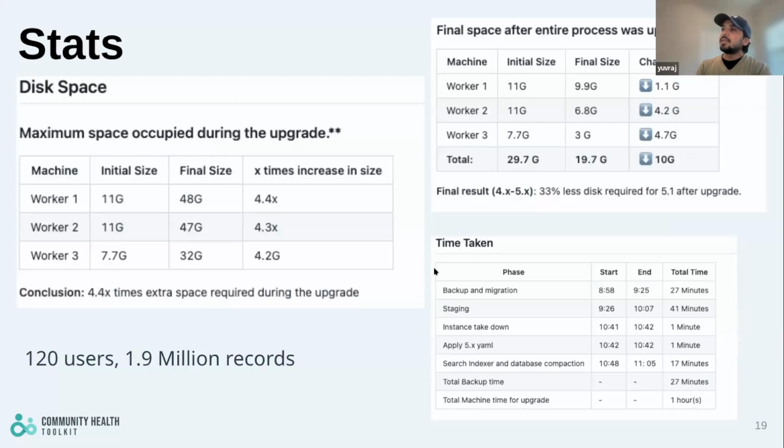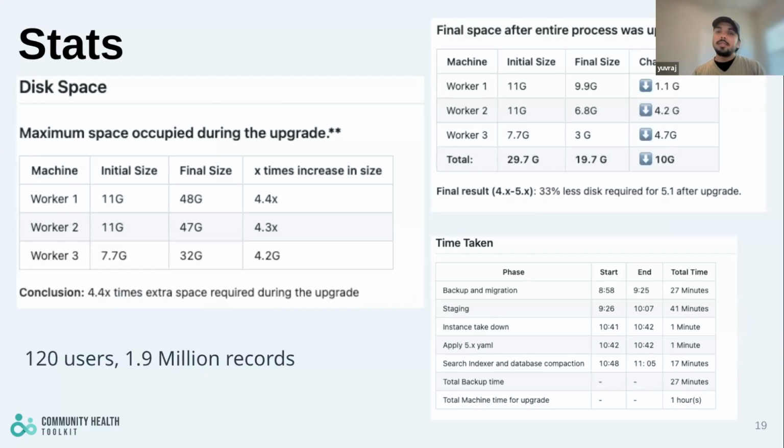This is a stat that I quickly wanted to show from one of the upgrades. On the left, you can see the three CouchDB cluster services. The initial size was 11 GB, and then the final size was 48 GB. I was tracking all the disk space as it grew every 30 seconds, and you can see the disk increased up to 4.4 times.